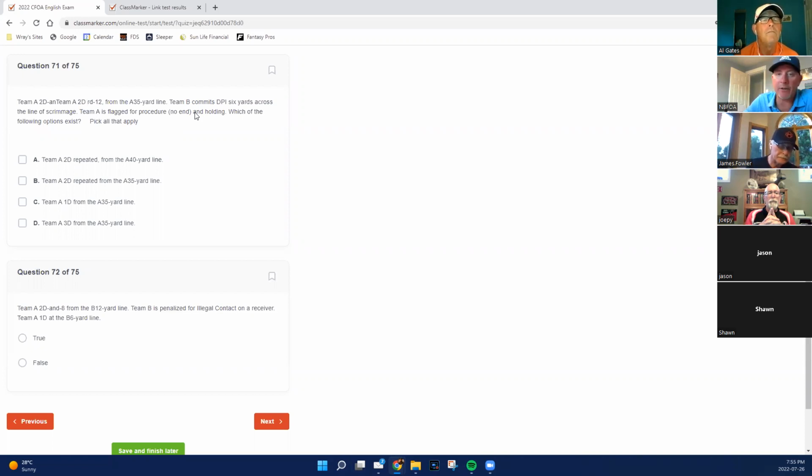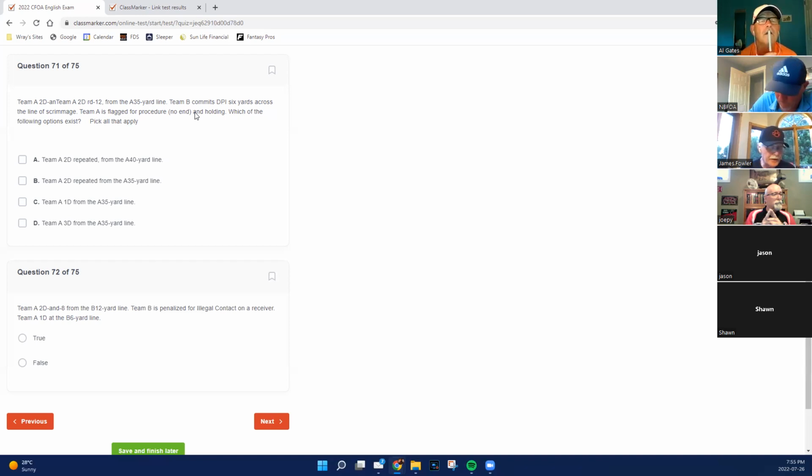In a dual foul situation, it's a 10-yard penalty. So now Team B could either take the 5 for procedure or the 10 for holding. What are they going to take? 10 for holding.